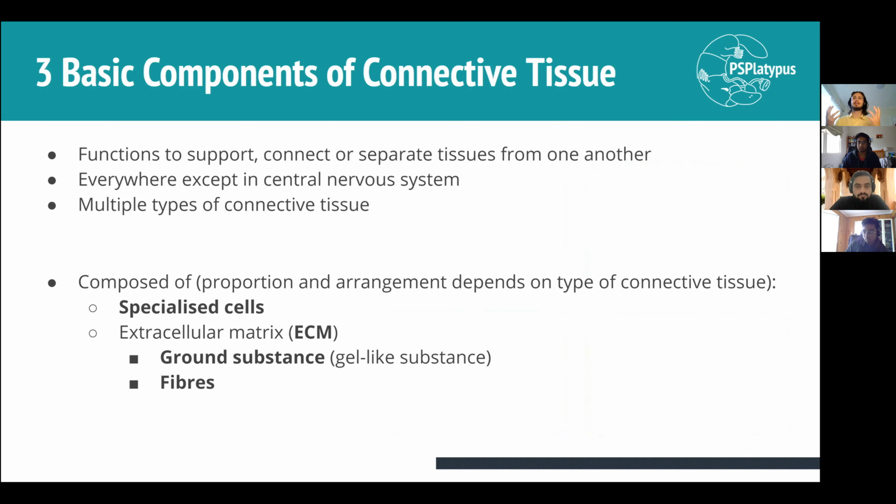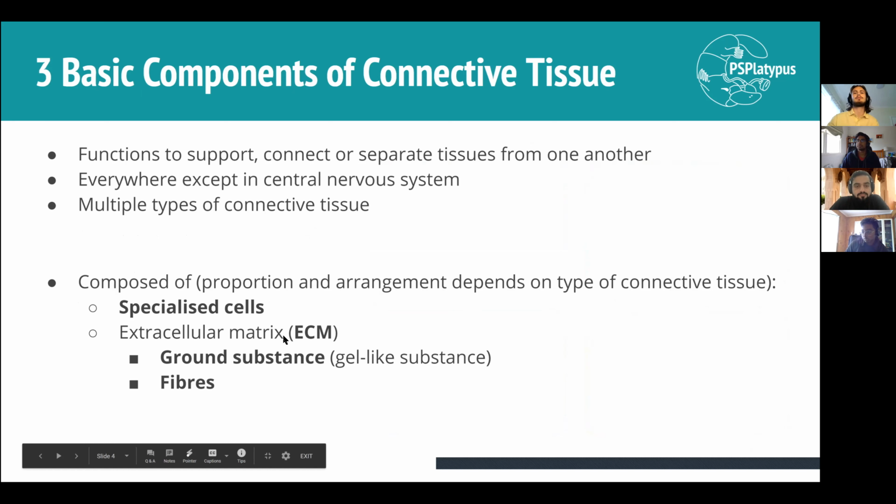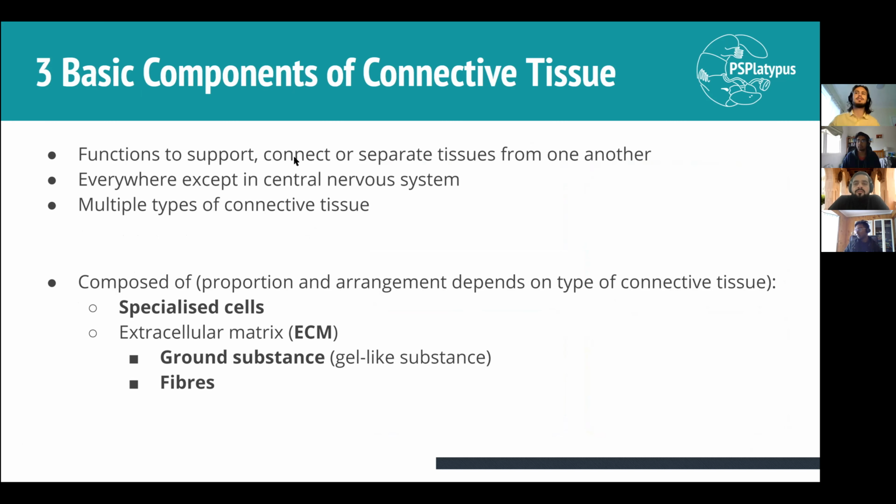So there are 3 basic components of connective tissue, and those 3 are here. We've got specialized cells, and then the 2 components of extracellular matrix, so ground substance and fibers. So connective tissue functions to support, connect, or separate tissues from one another, as the name might imply. It occurs everywhere except in the central nervous system, the CNS.